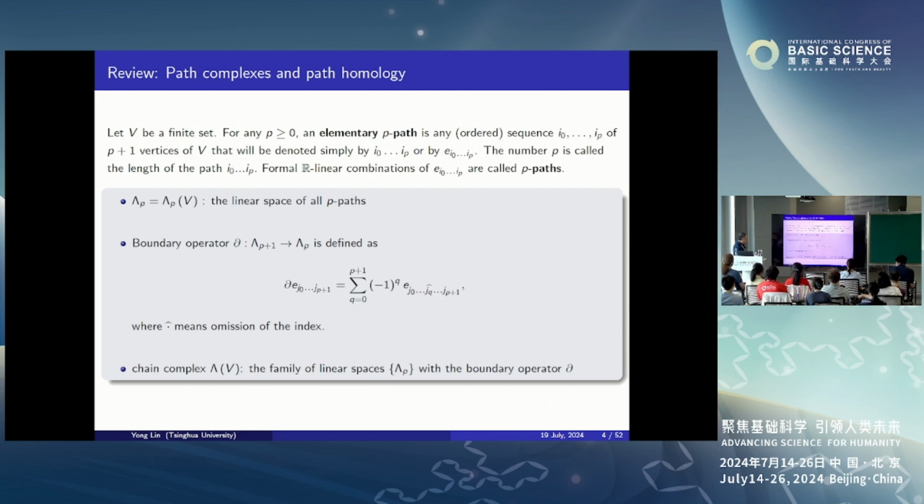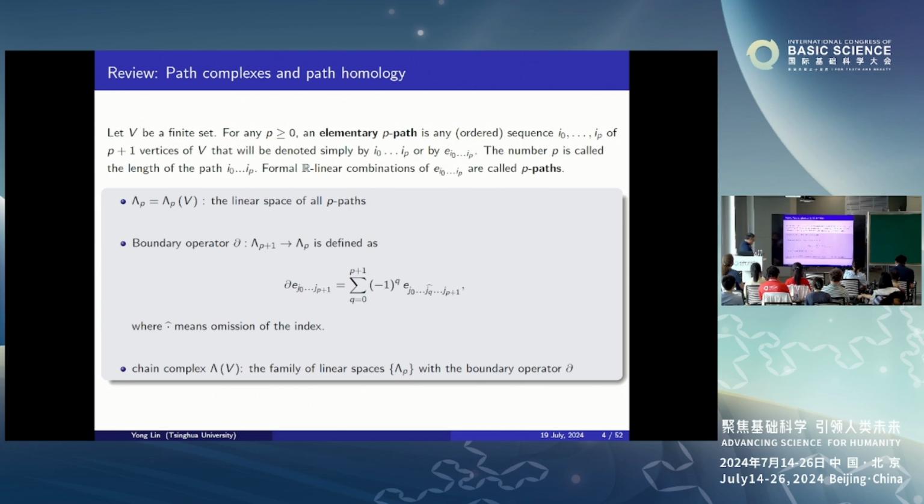For the coefficients, we use the real numbers. You can also use any field. So the R-linear combinations of these elementary p-paths are called p-paths. We use lambda p to denote the linear space of all the p-paths. Then we can define the boundary operator on this lambda p. This is the classical definition for any p-paths.